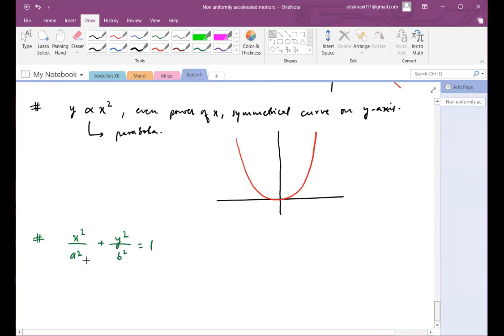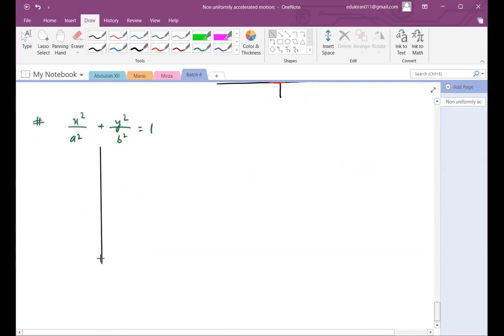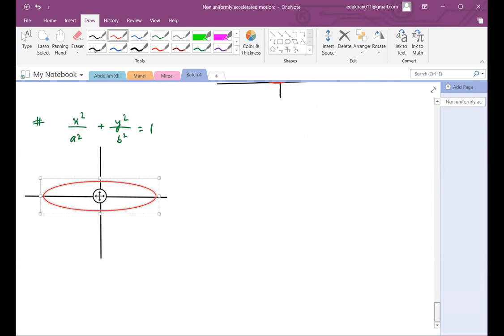And since this particular term has different coefficients, this is called an elliptical curve or ellipse.